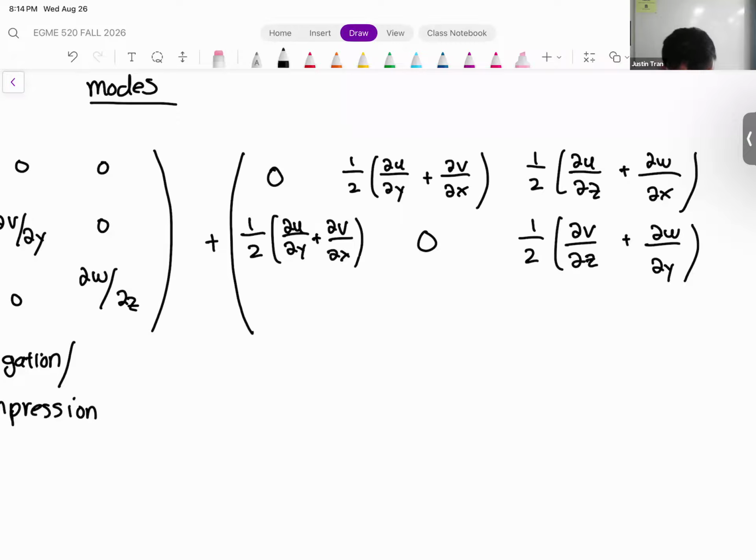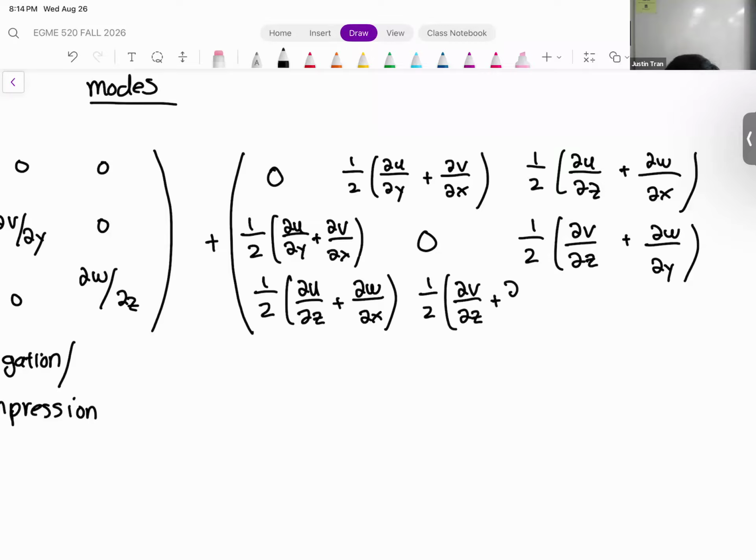The last row we have 1/2 partial u partial z plus partial w partial x. Next entry is 1/2 partial v partial z plus partial w partial y.